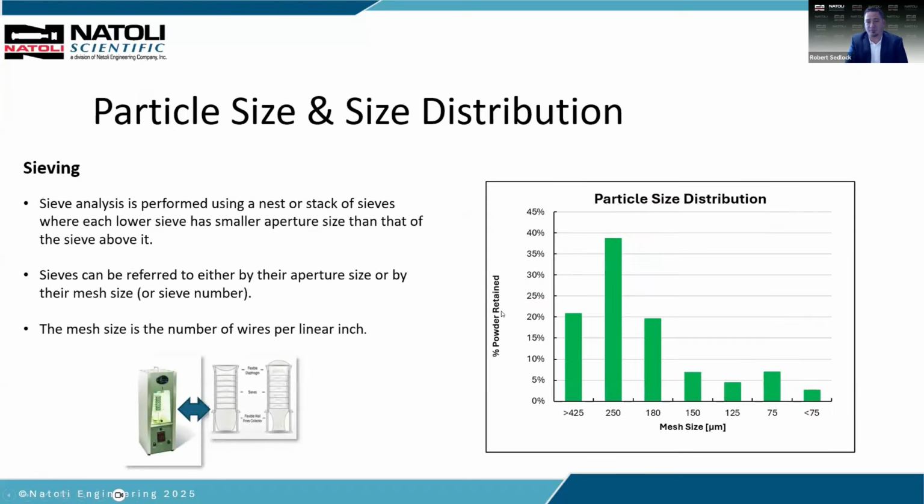So here's an example of a formula where we use our sieve stack with different screen sizes. You'll see on the bottom axis here, we've got a 425 micron, 250, 180, 150, 125, 75, and anything below 75 microns. We characterize a fine particle as being 75 micrometers, and everything smaller than 75 is considered fines. Can we have fines in our formula?